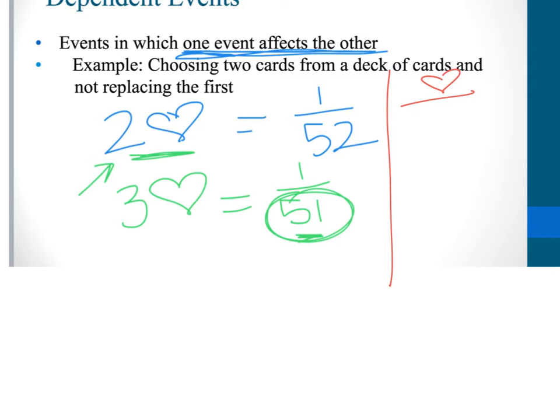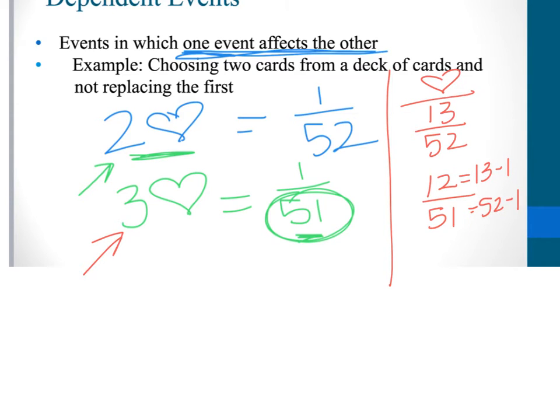So if I select a 2 of hearts, I know that I have 13 possible hearts in a deck of 52. But now once I pull that second card out to select a heart, I now have 12 out of 51 choices, because this 12 is equal to the original 13 minus the heart that I've already taken out, and then the 51 means that I had 52 cards available and I subtracted 1 out as well.